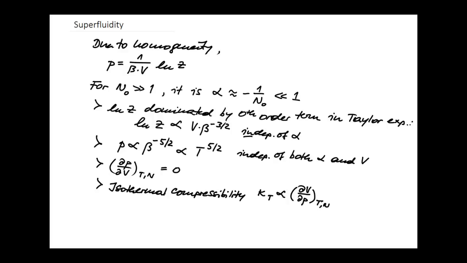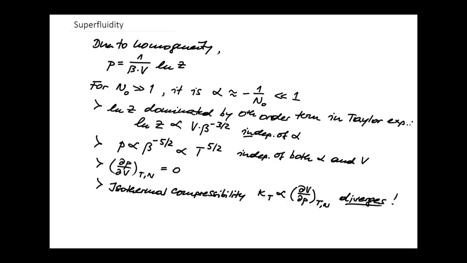So just the inverse of dP over d volume. Now dP over d volume is 0, and therefore the compressibility, which is proportional to the inverse of that, diverges.